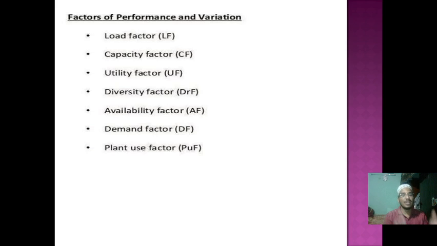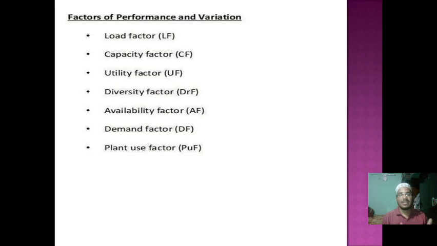How will we take the utility factor? As per our terms and conditions and requirements, to do our work within the time. Sometimes it may happen that some of the components of the power plant do not work properly. That time we have to consider the utility factor.